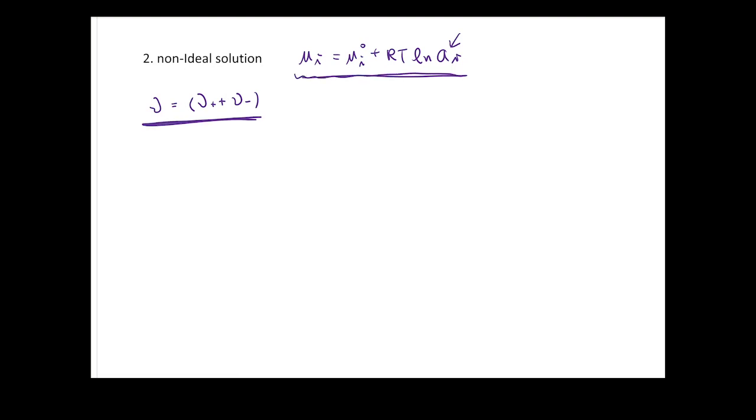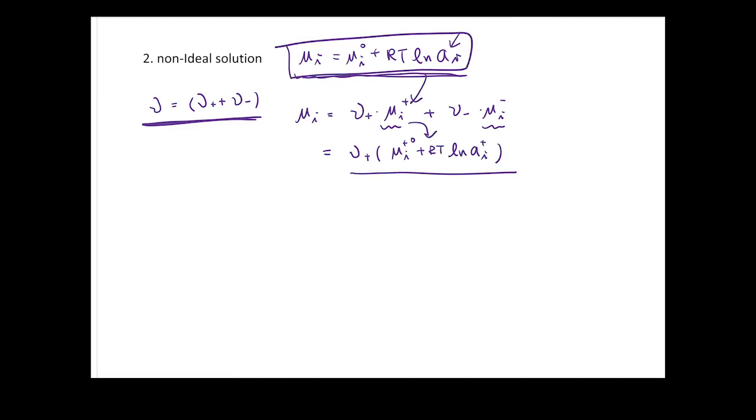If we write out the chemical potentials of the positive and negative species separately, the total mu_i of your solution equals mu plus times mu_i plus, plus mu minus times mu_i minus. Then I expand this: the first term becomes mu plus times mu_i plus naught plus RT natural log a_i plus.